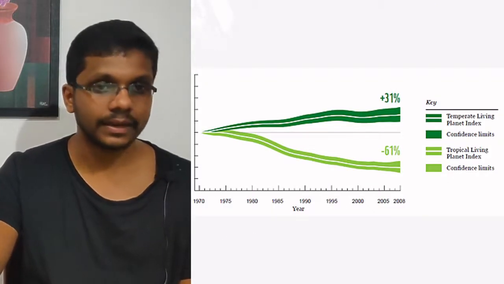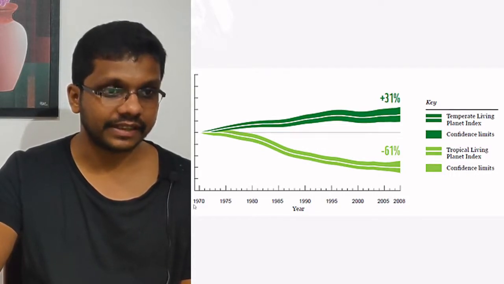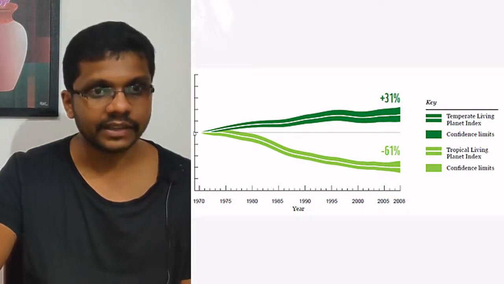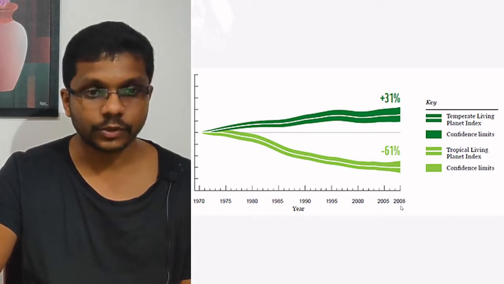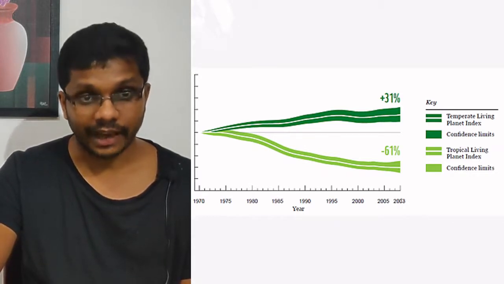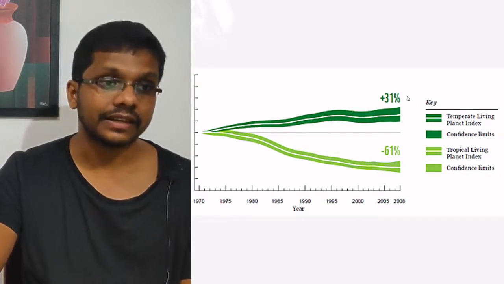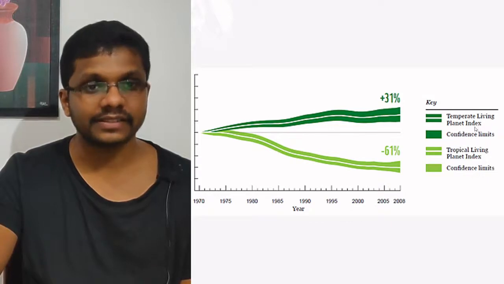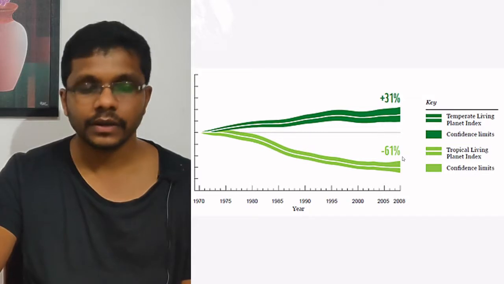So here is one example. This one is from LPI. The first year, 1970, is taken as the baseline year. Here we have the baseline. Compared to the baseline, in 2006 there is a 31 percent increase in index value in the temperate index, but in the tropical region there is a 61% decrease.